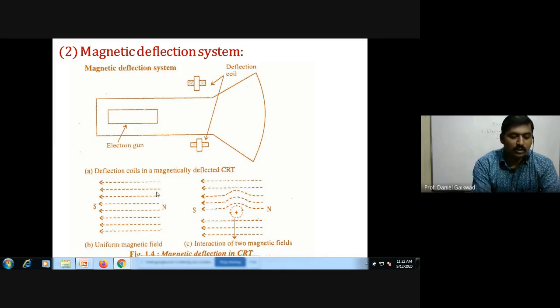This particular system we use in the deflection system, and the method is the magnetic deflection system.